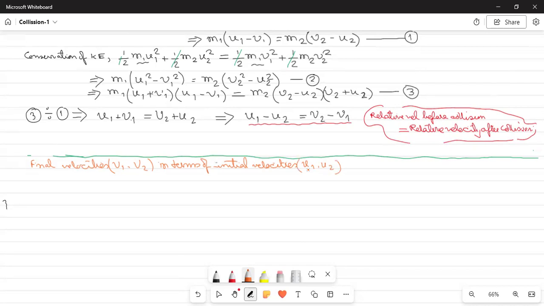Right? And those expressions will be useful later on. So let us first find out the velocity v1. Let us find out velocity v1.